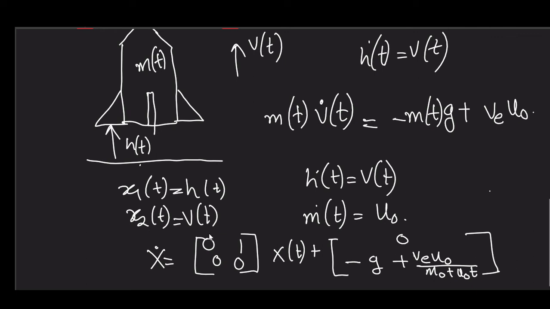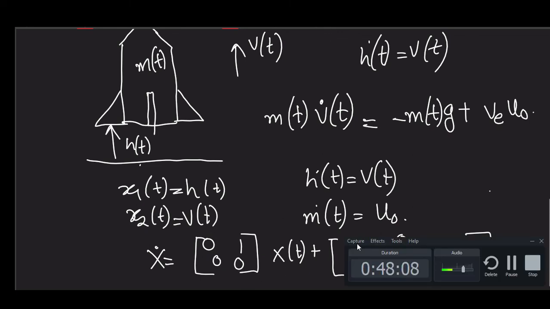Obviously u naught is negative, since it causes a negative change in mass. So you have this equation for your thruster.